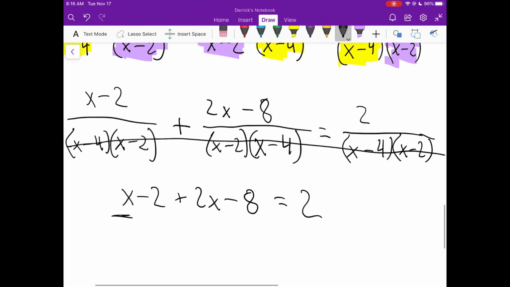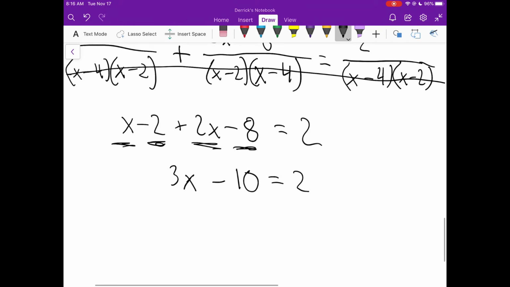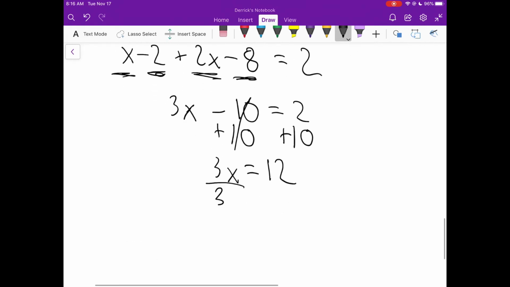So I would probably take x plus 2x to give us 3x, and take negative 2 minus 8 to give us a negative 10. So then to solve that out, we would add 10 over, giving us 3x equals 12, and then divide by 3 to give us x equals 4.